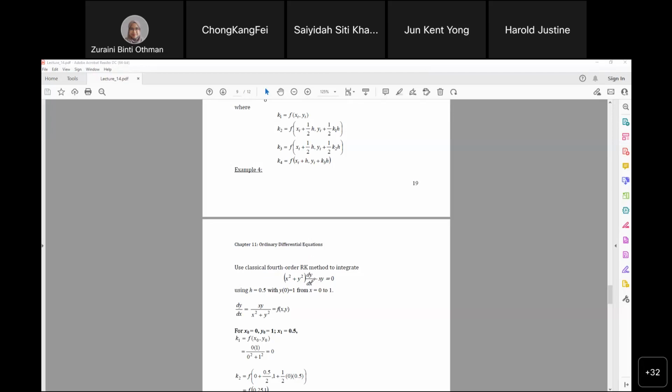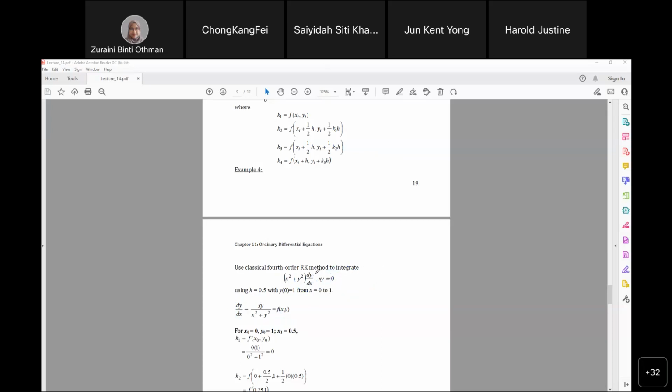Soalan macam ni, you have to derive it first. Jadikan dia persamaan dalam bentuk dy over dx sebagai perkara rumus. Yang lain semua bawa ke sebelah kanan. Yang ini juga bawa ke sebelah kanan. And this is the formula that we are going to use throughout the calculation.